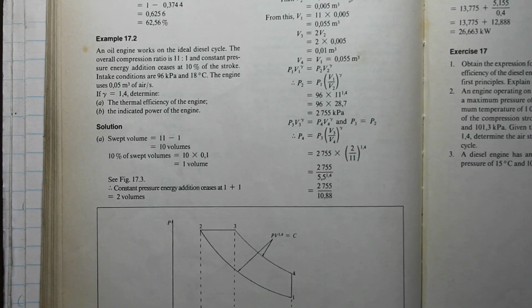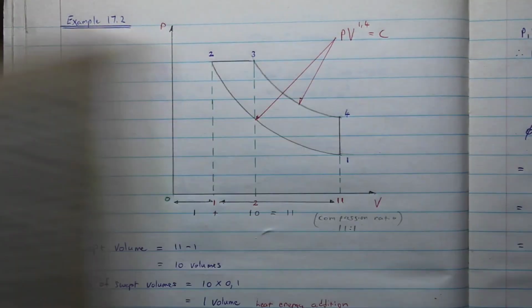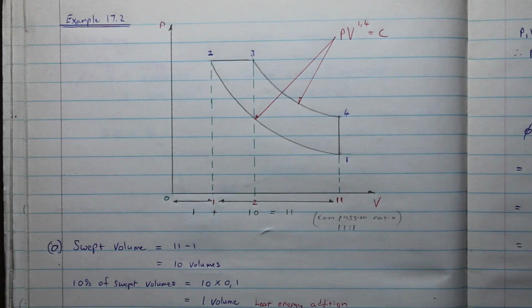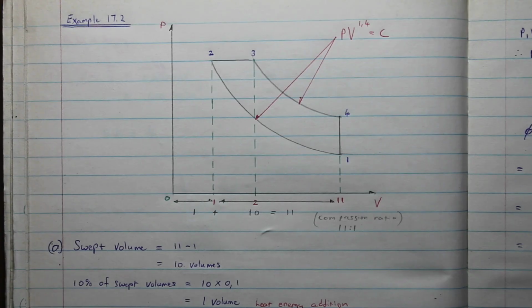Let's see what's going on here. First of all, before we begin, you have to draw the pressure volume diagram. It's very important that you do this so you know the different gas processes that are happening.